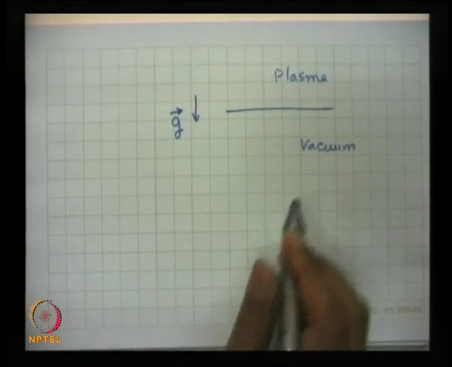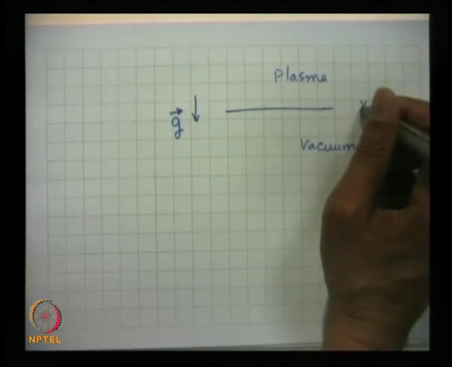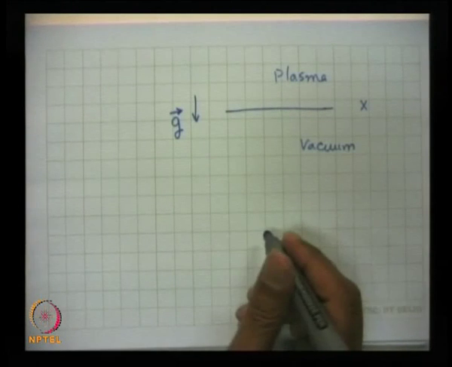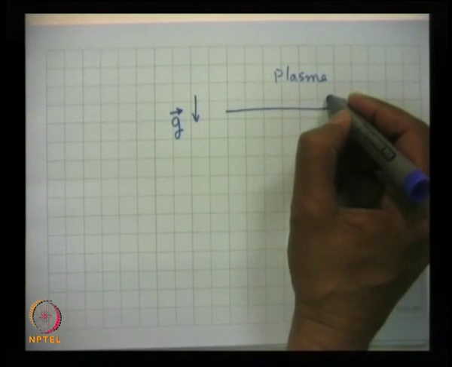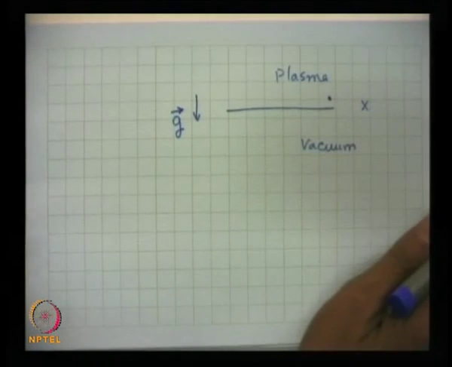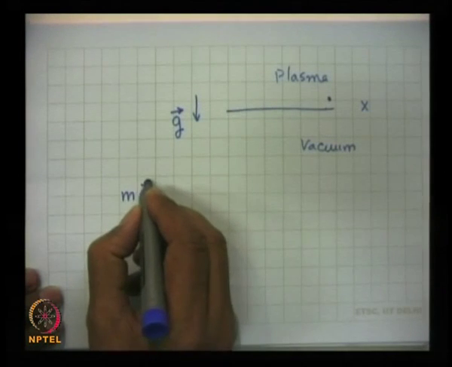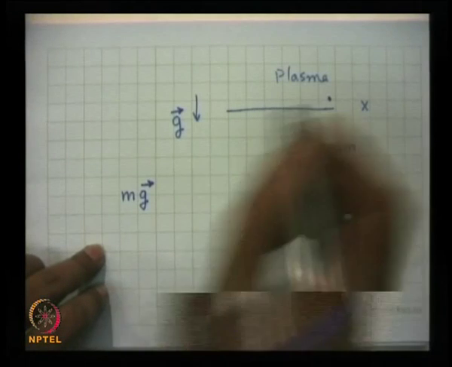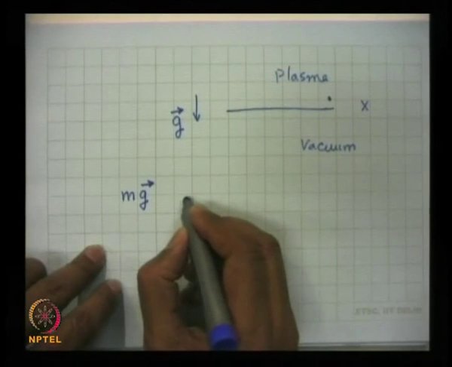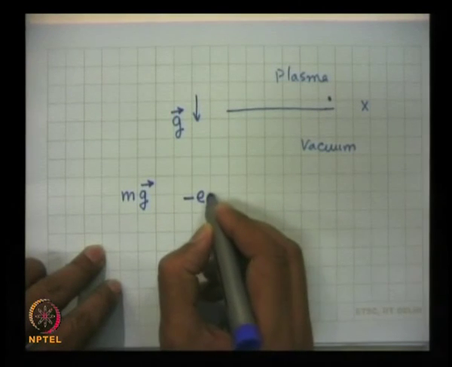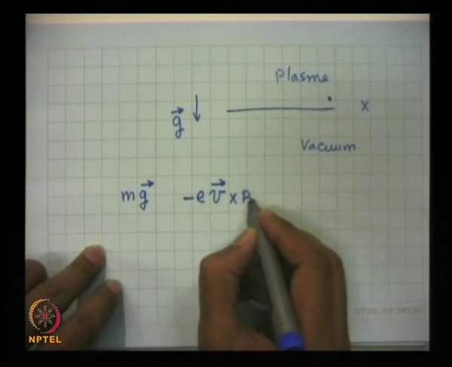Well, if there is no magnetic field, then the plasma will fall down. So suppose I create a magnetic field which is perpendicular to the plane of this paper. Then what will happen? Any plasma electron or ion, when it sees a gravitational force downward mg and starts moving down, also sees a magnetic force which is the product of charge, velocity and magnetic field.